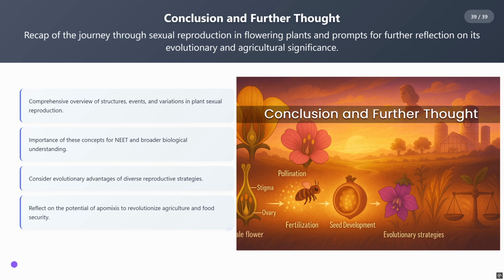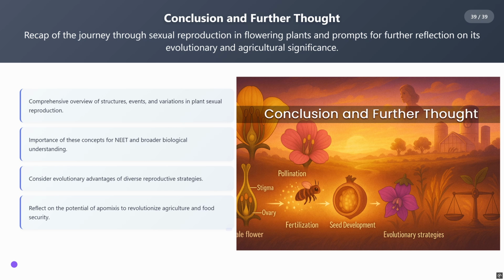Indeed. And perhaps as you continue your studies, mull over a couple of broader questions that arise from this. For instance, considering this vast diversity of reproductive strategies we saw in flowering plants, wind, water, insects, self-pollination, cross-pollination, apomixis, what specific evolutionary advantages might these different approaches offer plants living in different kinds of ecological niches or facing different environmental challenges?